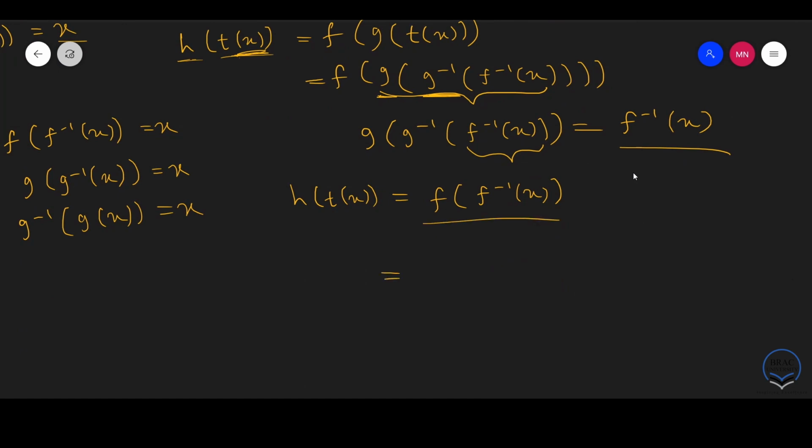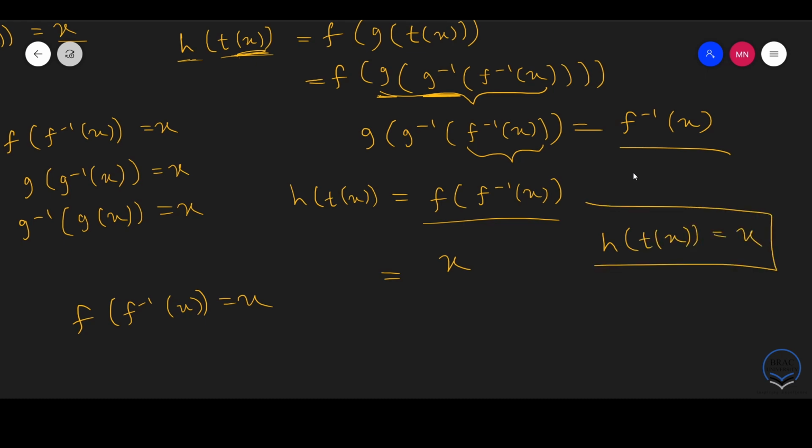We know that f of f inverse of x should just give us x, right? So this is just equal to x. So we have just found that h of t of x gives us x, so this proves that h and t are inverses of each other.